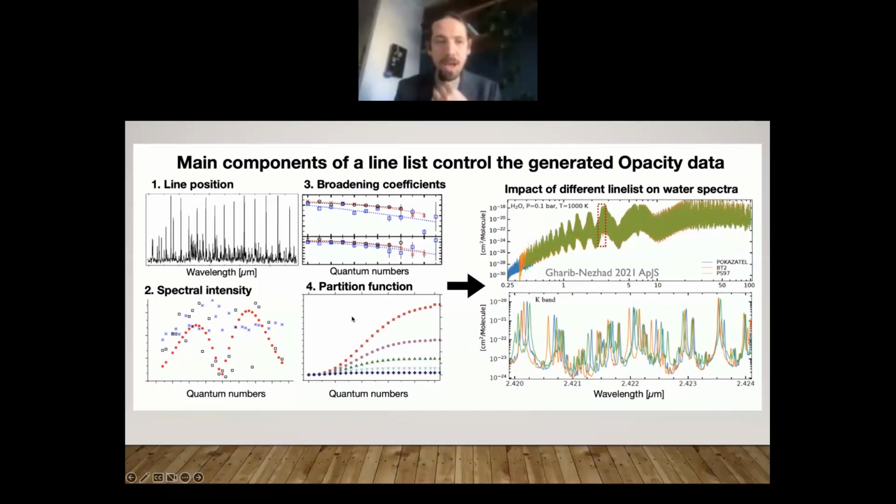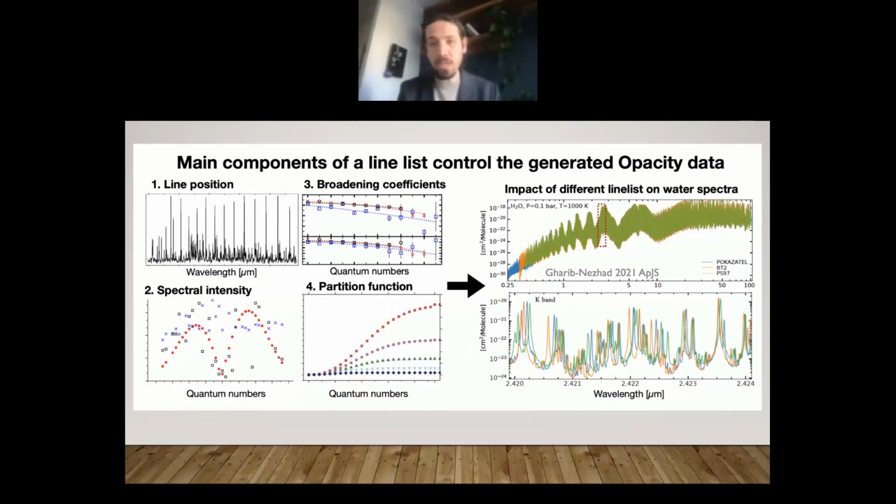We're talking about the spectral intensity. For example, if you're thinking about ultra hot Jupiters, at very high temperature, that's a different challenge, and that comes with the partition function. And as a result, there are different line lists out there.